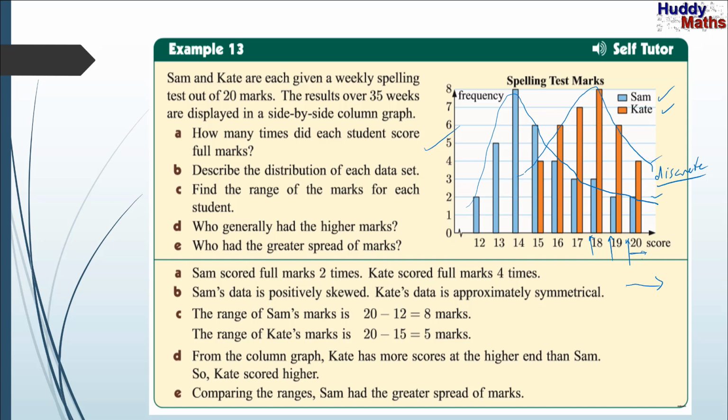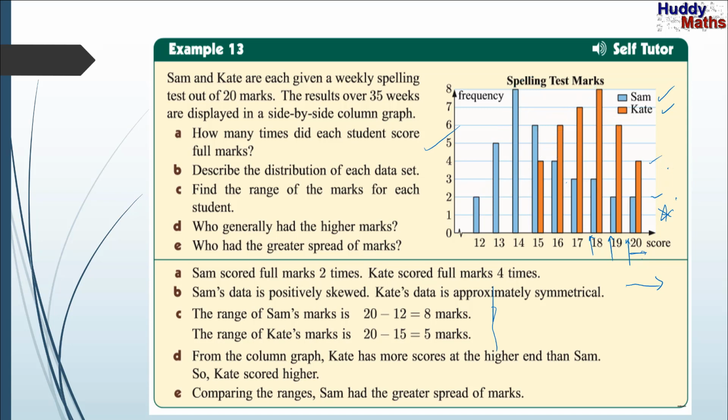So basically she's symmetrical and Sam has got a tendency to be lower but with some higher scores, so it's positively skewed. So the extra data points are up the top end, so that's good for him. It's better having the extra scores being higher than lower, so he's positively skewed. The range of Sam's marks, well, let's tidy this up a bit.